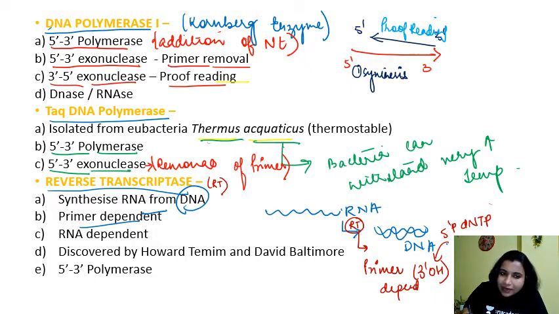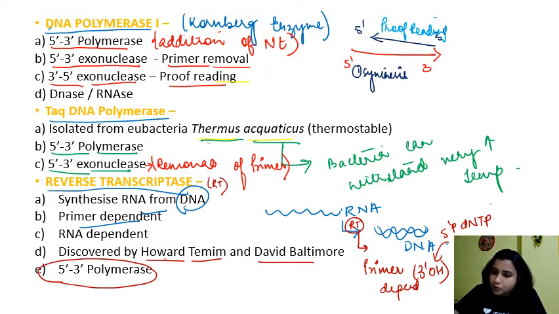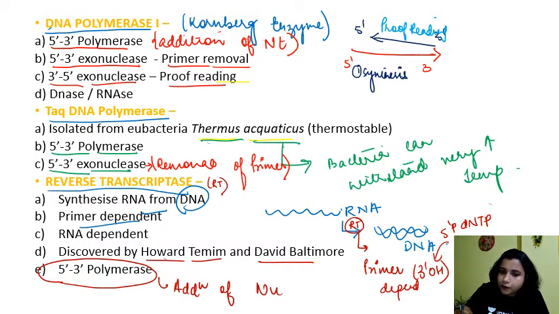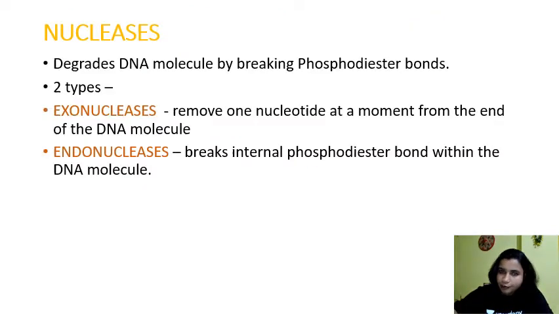It is RNA dependent, and this reverse transcriptase enzyme was discovered by Howard Temin and David Baltimore. It also works as 5' to 3' polymerase, that means addition of nucleotide, right? So that is all about your DNA polymerase enzymes.